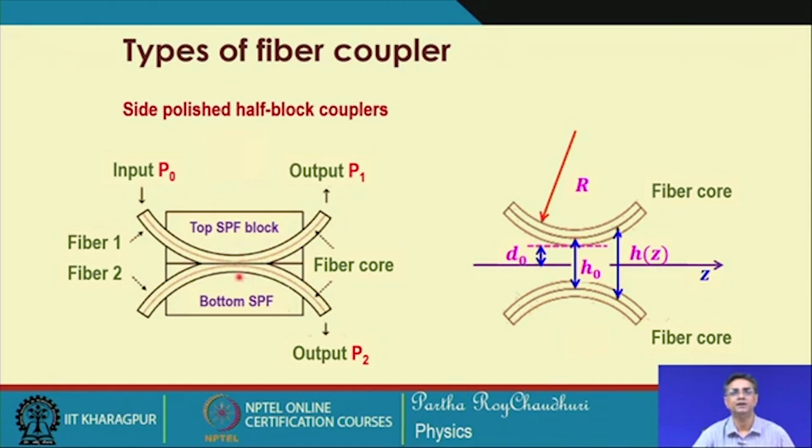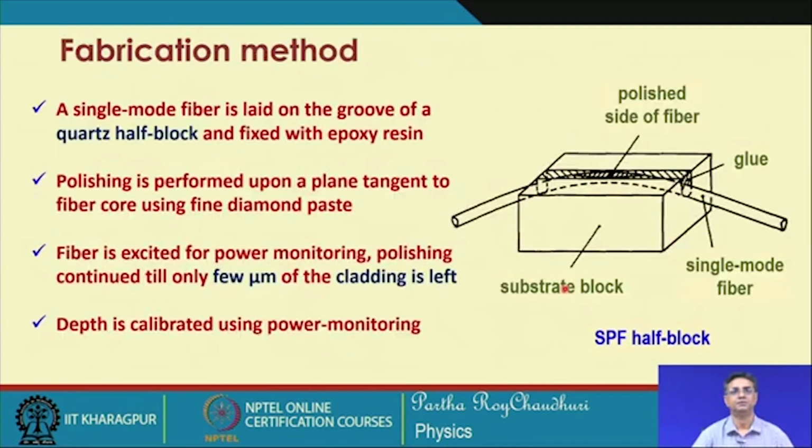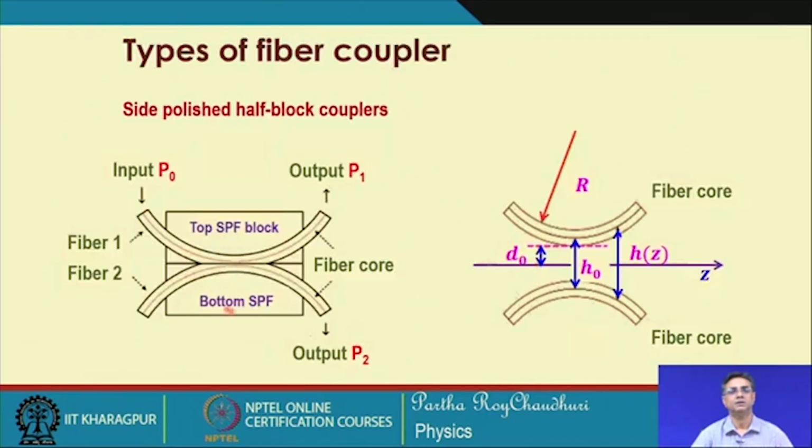Then these two fields can interact evanescently, and the light which is given as input into this can couple into this, and part of the light will be transmitted through this. This is the schematic of the system which helps to calculate the coupling coefficient, the strength of coupling, the power splitting, etc. This is the overall schematic of the system.